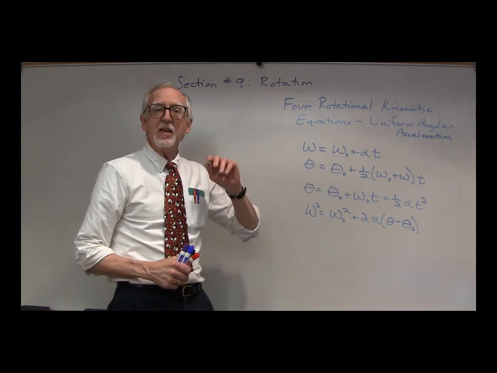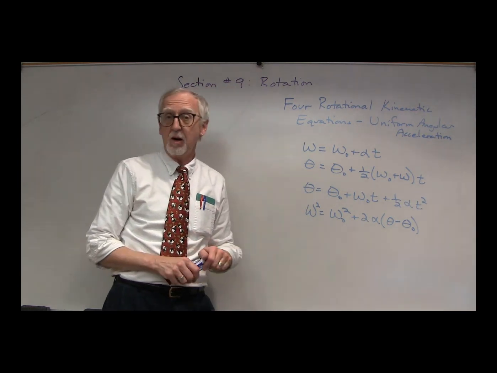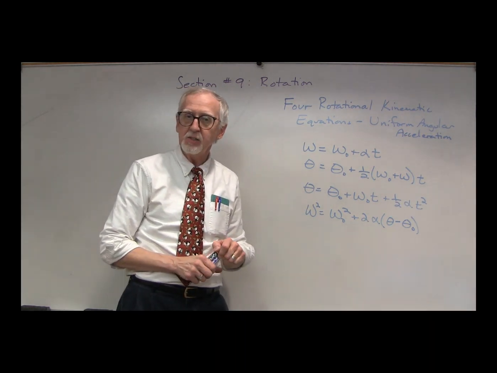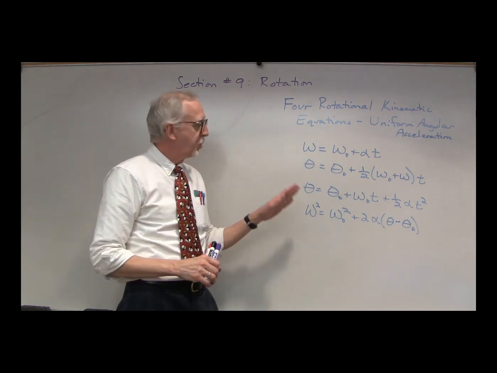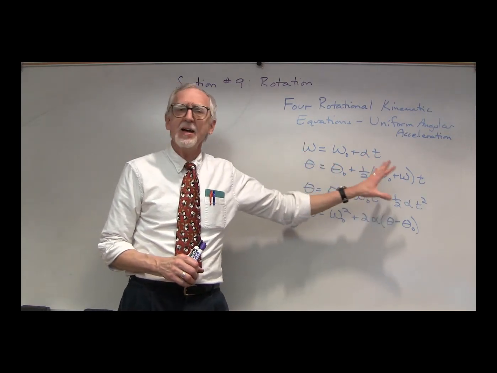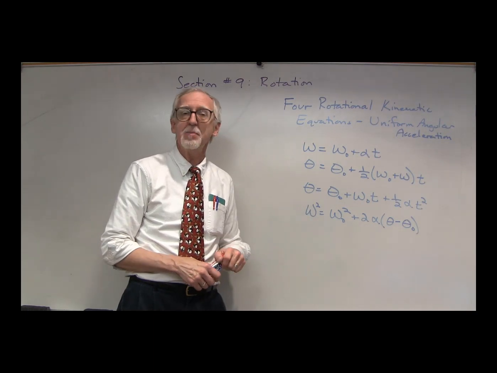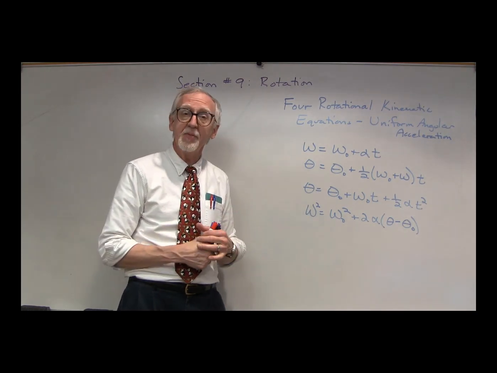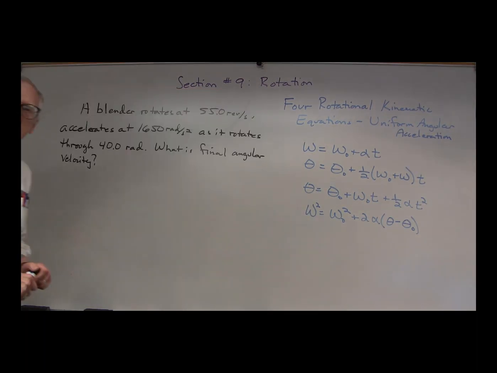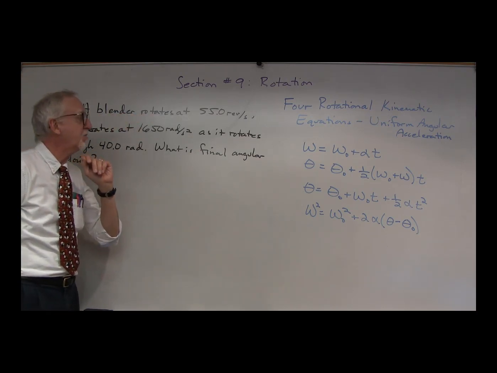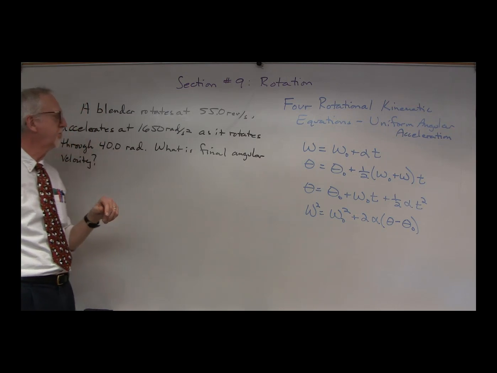We solve these exactly the same way as we solve the one-dimensional kinematic equations. Let's take a look at one problem. We'll just do one because we've seen how to solve this sort of problem so many times with the kinematic equations. We'll do one example and then move on. Let's say that we have a blender that rotates at 55.0 revolutions per second.